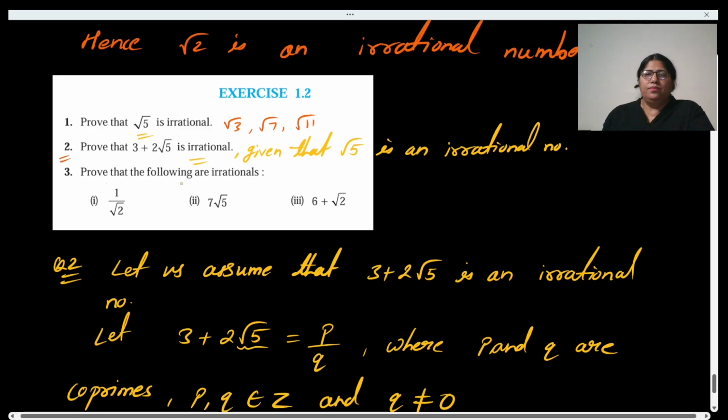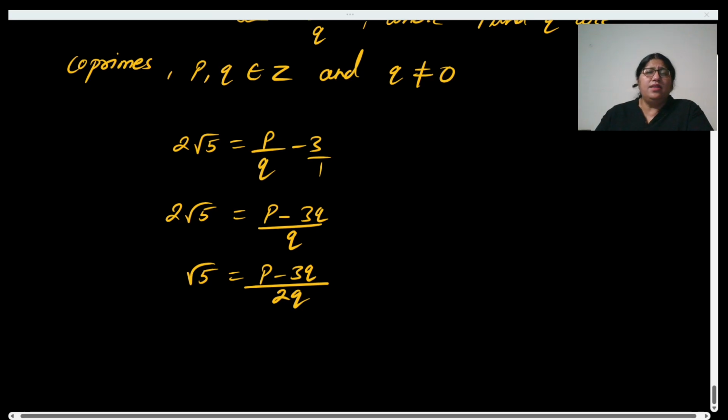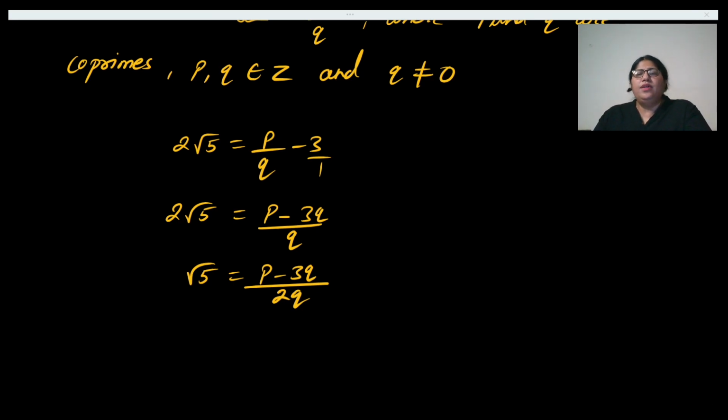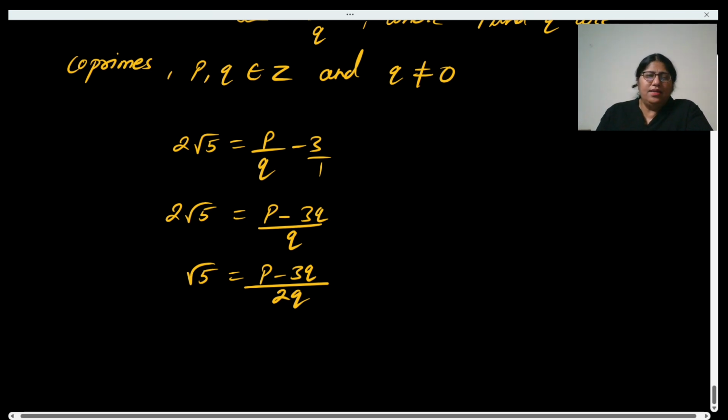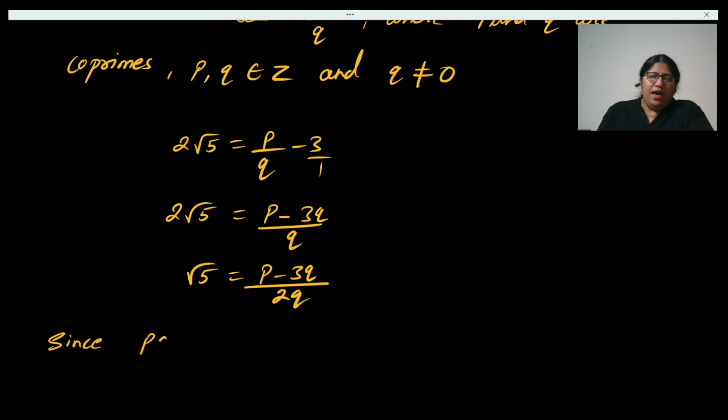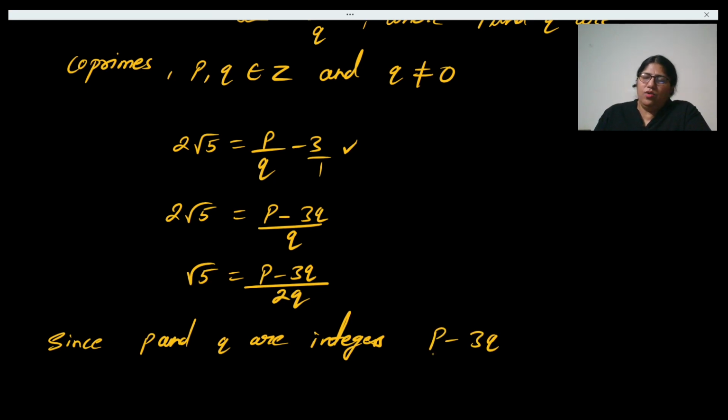Since p and q are integers, as in the definition I have written, whenever you add, subtract, multiply or divide any rational number with integers, you get a rational number. So p minus 3q by 2q, with q not equal to 0, is a rational number.